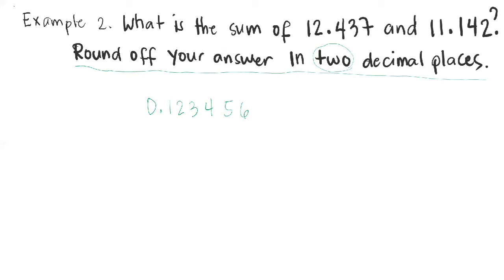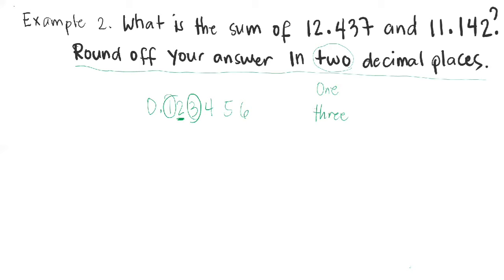Therefore, we are going to round off our hundredths place value. If siya naman ay in 1 decimal place, then we will round off to the tenths place value. Kapag in 3 decimal places naman, then we need to round off into the thousandths place value. Dapat 3 digits yung matitira if you're going to round off into 3 decimal places.